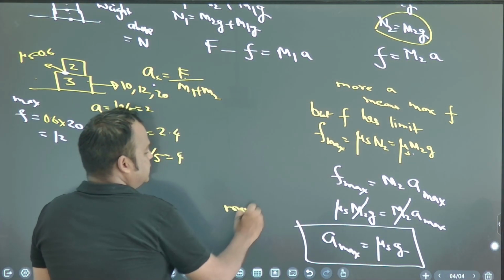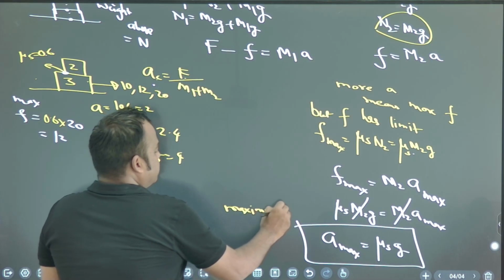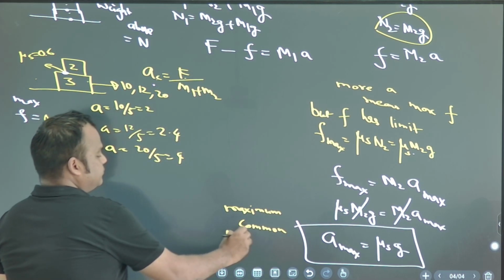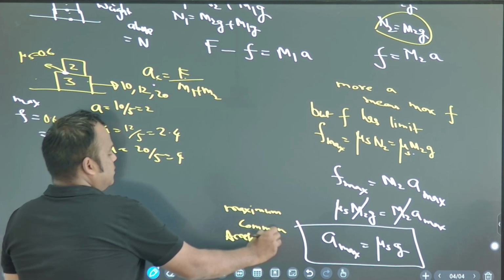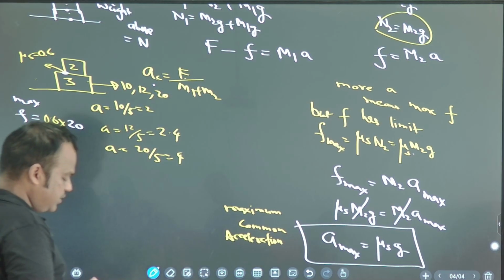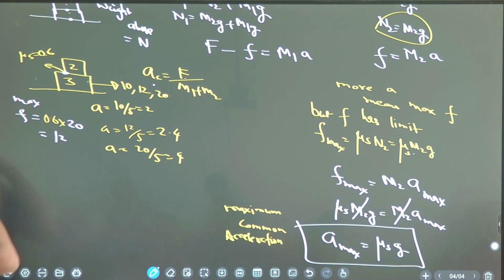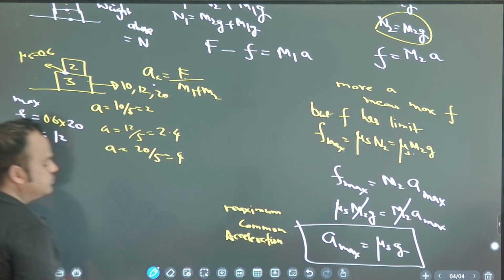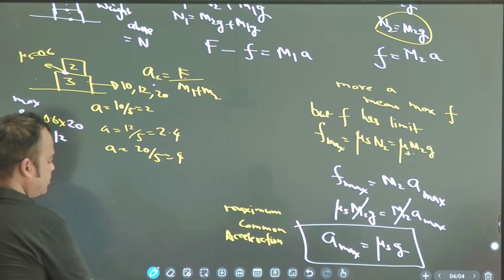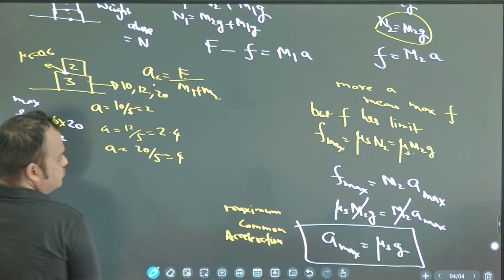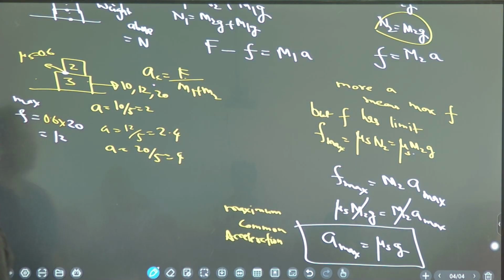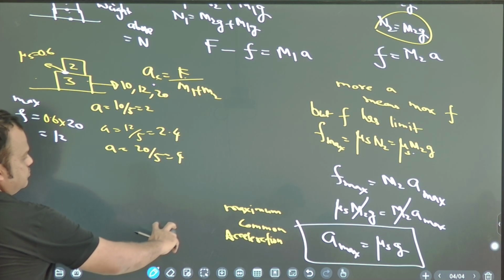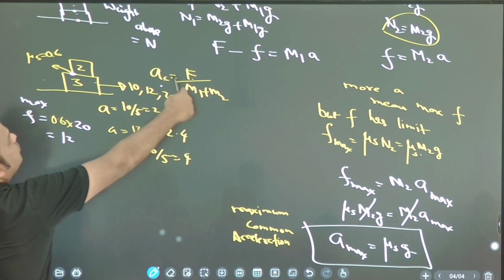This is known as maximum common acceleration, mu s g. Now come back to this formula.